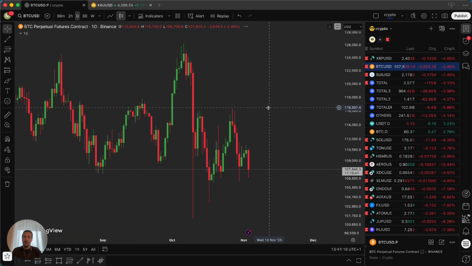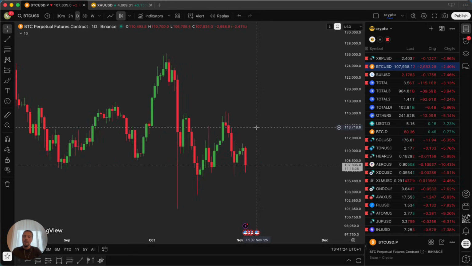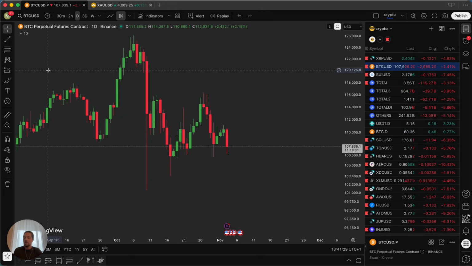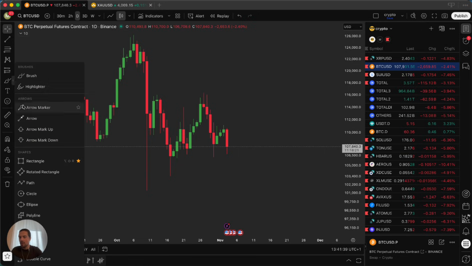So now we choose Binance, and as you can see, this is the empty chart, which is good enough for me. And now you want to be doing the following. First of all, you should have some sort of a tool to measure and to mark an area on your chart. It could be one of the multiple options available across the TradingView platform.